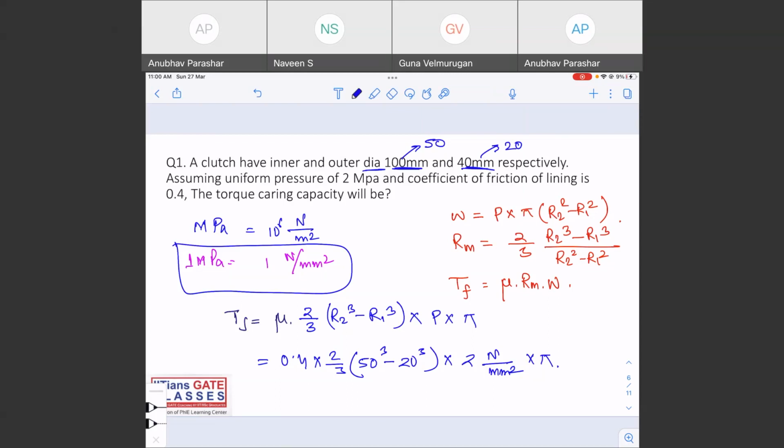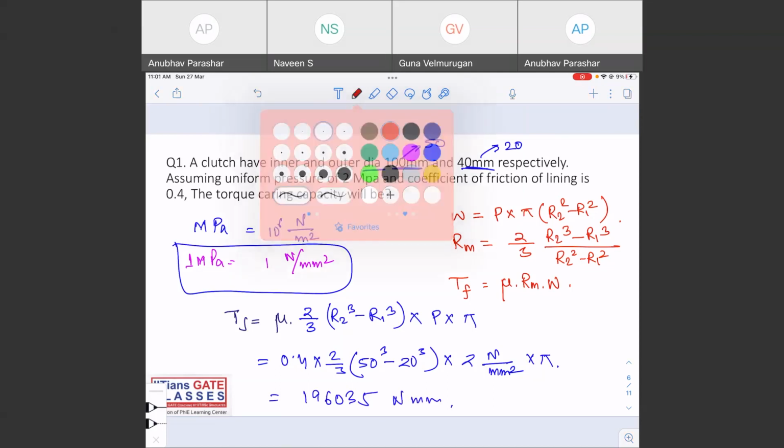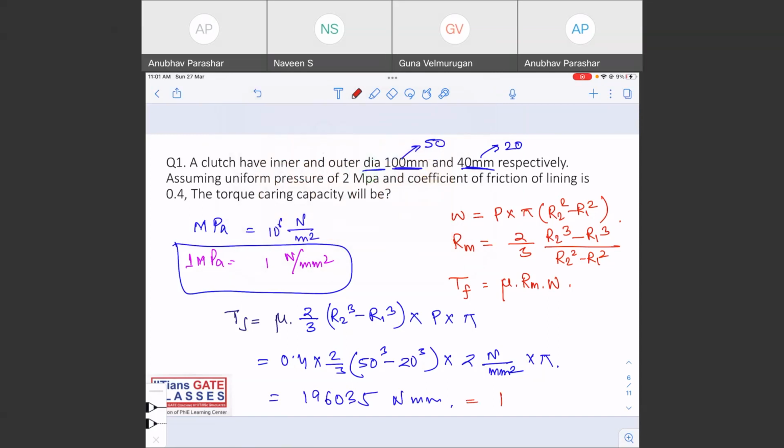It is coming out to be 196.035 Newton mm. This is very important: Newton mm. So if you convert it into meter, it is 196 Newton meter.